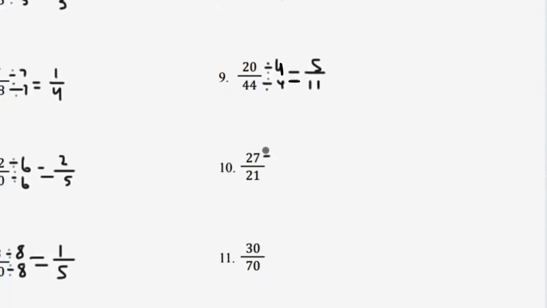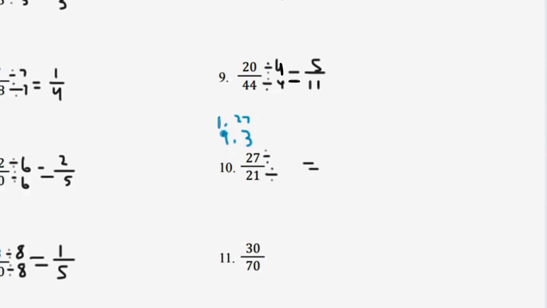27 over 21. So let me actually write out the factors for anyone that's still a bit confused. I always like doing the top one, it's just the first one that you can see, but you can also check the factors on the bottom. Let me write out the factors. 27, so you've got 1 and 27, and then you've got 9 and 3.